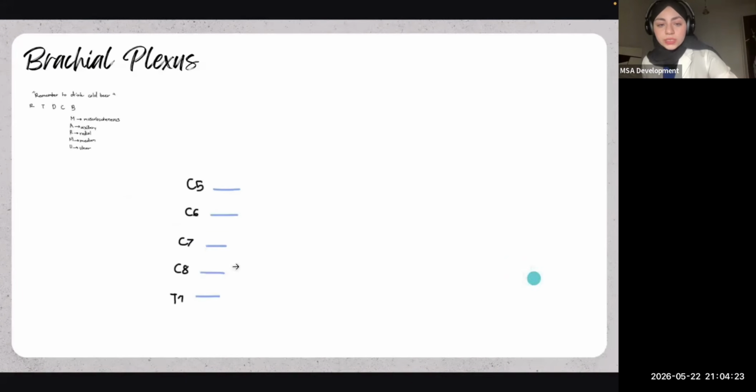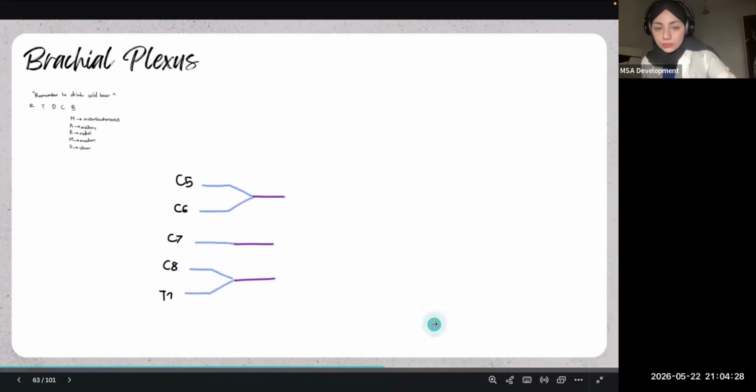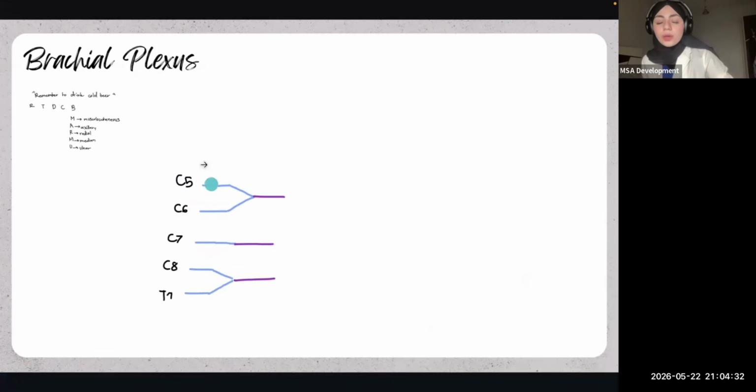So the first is going to be my roots, C5, C6, C7, C8, and T1. Now, coming off of these roots can be some nerves, but for now, I want to just flow through the big diagram, and then we're going to see the small tributary nerves that come off from either roots or trunks or whatnot.